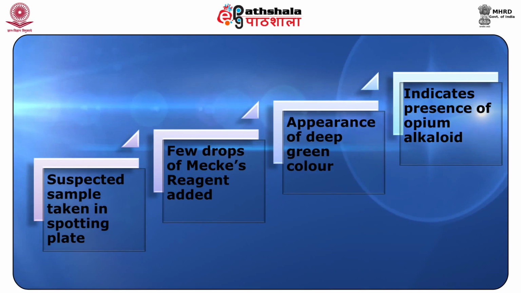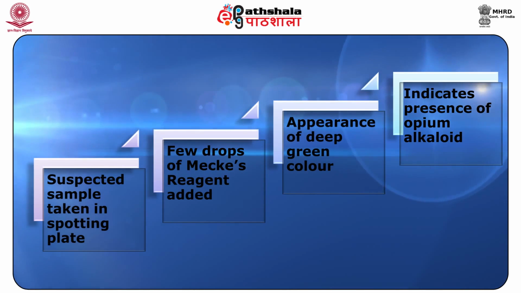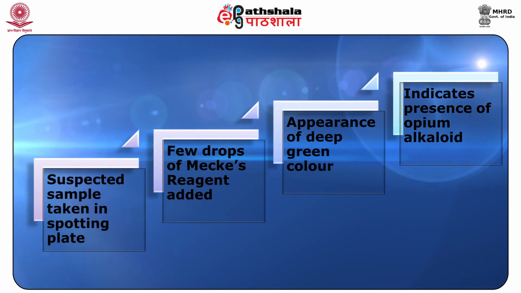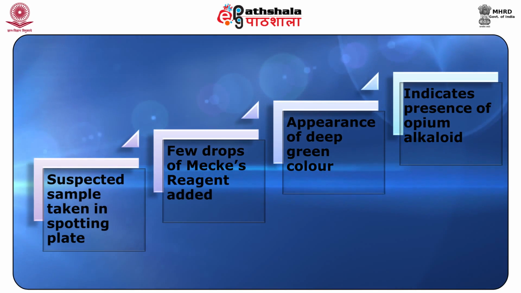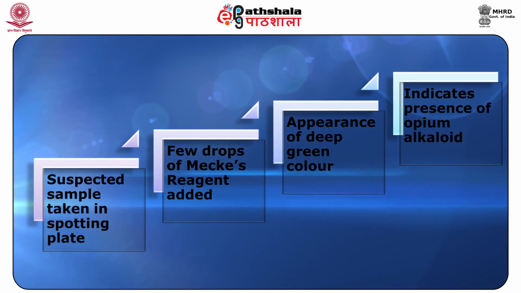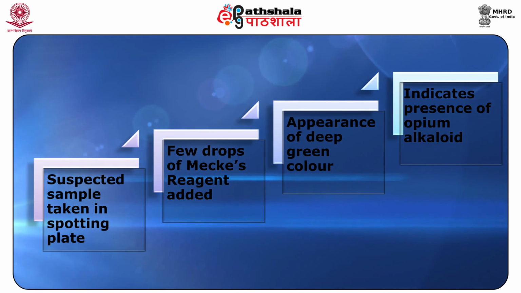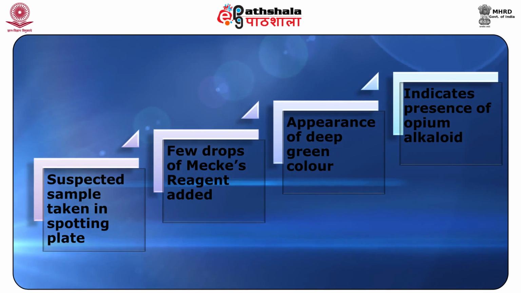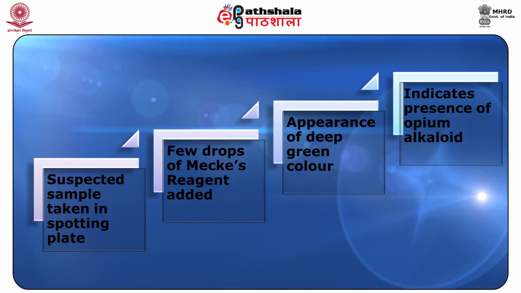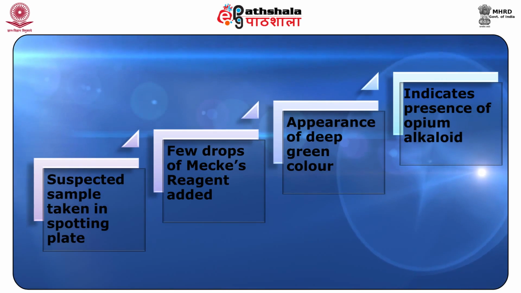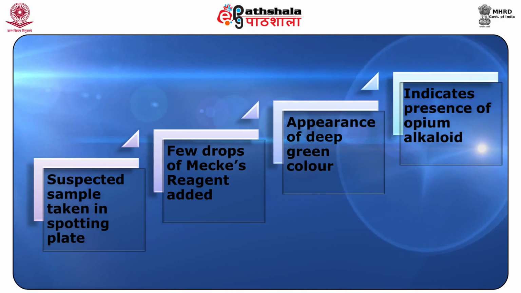A small quantity of suspected sample is taken on a spotting plate and a few drops of Mecke's reagent are added. The appearance of deep green color indicates the presence of opium alkaloid.